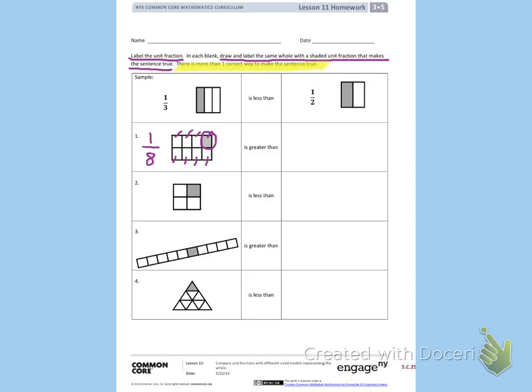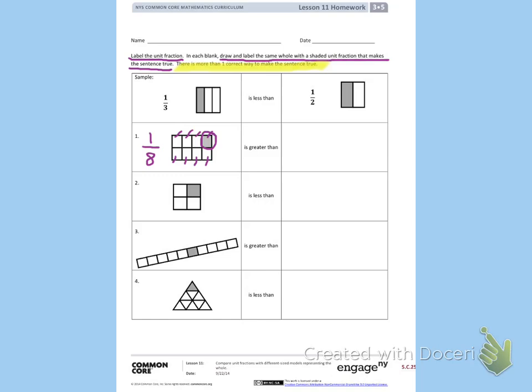Because if you have a whole and you have to divide it up in order to equally share it with more people, the pieces get smaller. So 1/8 has to be the big piece because the sentence says 1/8 is greater than. So whatever we draw in the final box on line 1 has to be a smaller piece than 1/8.